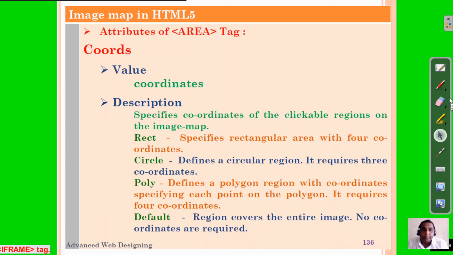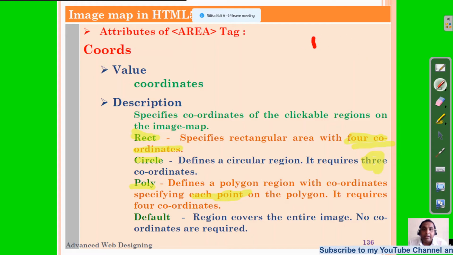Rect specifies a rectangle area with 4 coordinates. If it was circle, then it requires 3 coordinates. If it is poly, it defines a polygon region with coordinates specifying each point.